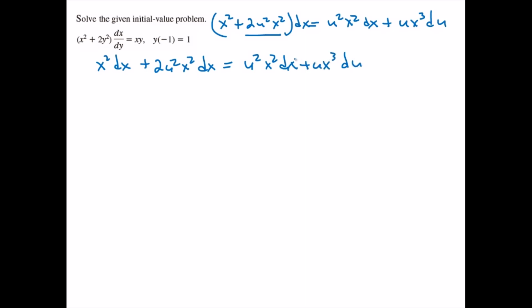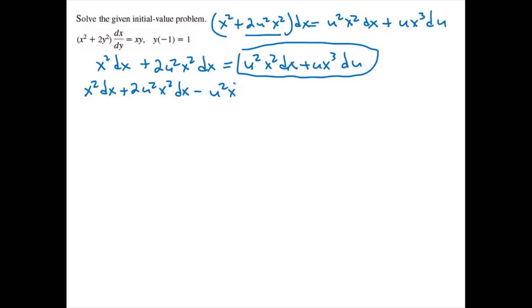And if we subtract everything on the right-hand side from both sides, we'll wind up with x squared dx plus 2u squared x squared dx minus u squared x squared dx, and then we'll subtract ux cubed du, and that will be equal to 0.